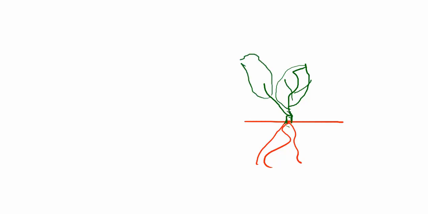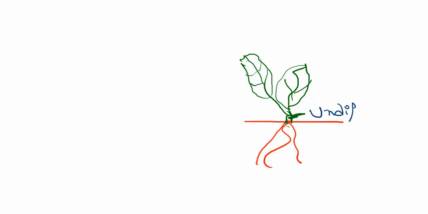Right, that means the first time the cow has eaten the plant completely, it has lost all its differentiated cells, and at this region it's going to produce the undifferentiated cells.